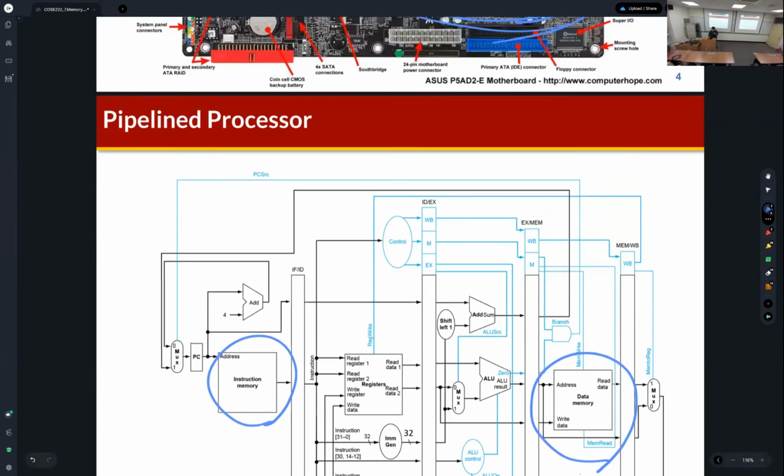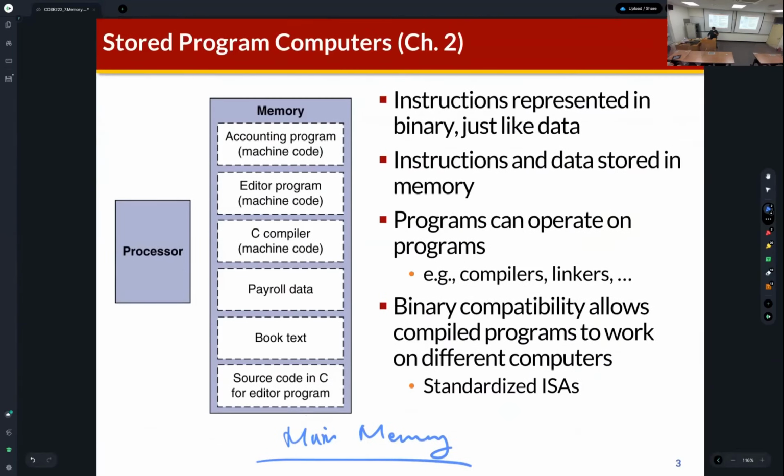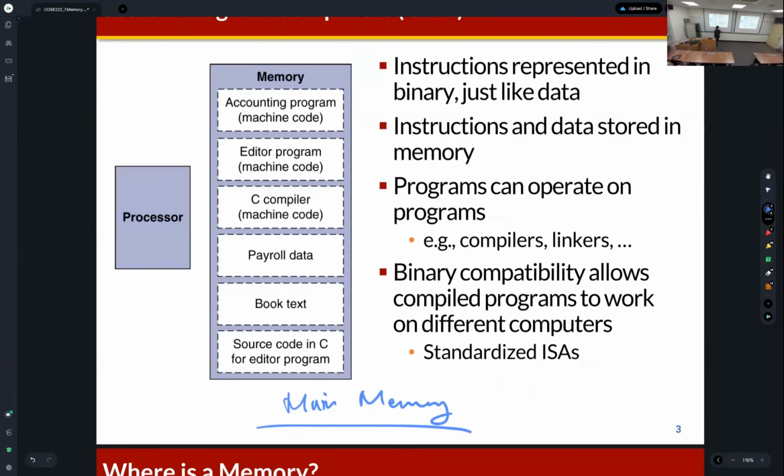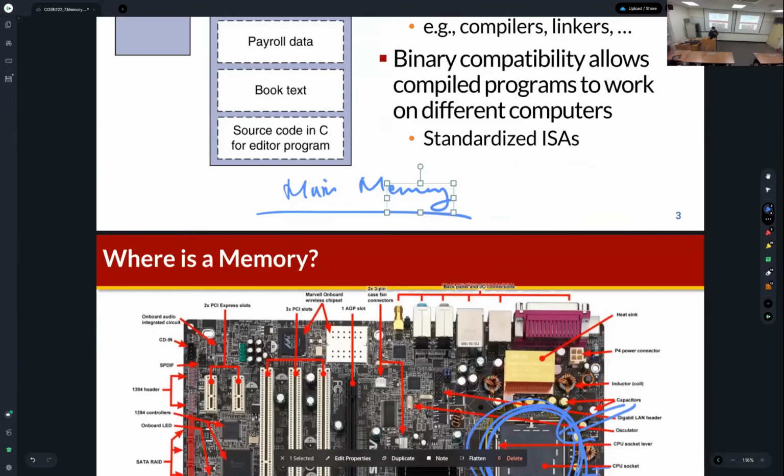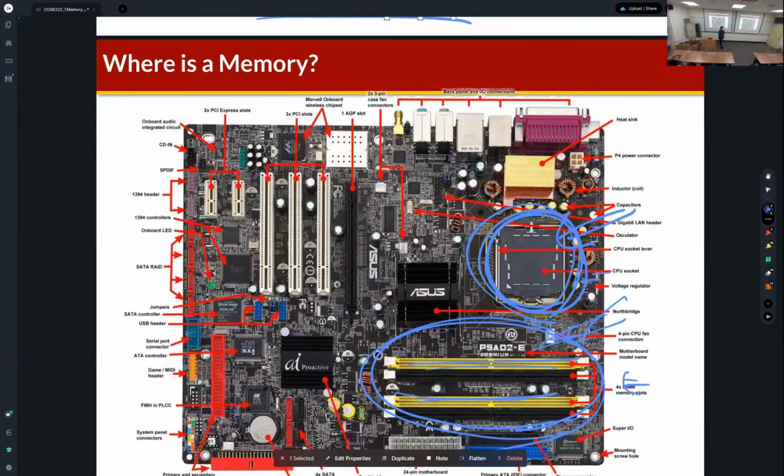That's what we have learned until now about the memory system. All of our data are stored in the main memory, and in a real computer system the physical size, the form factor, of the main memory is very large.